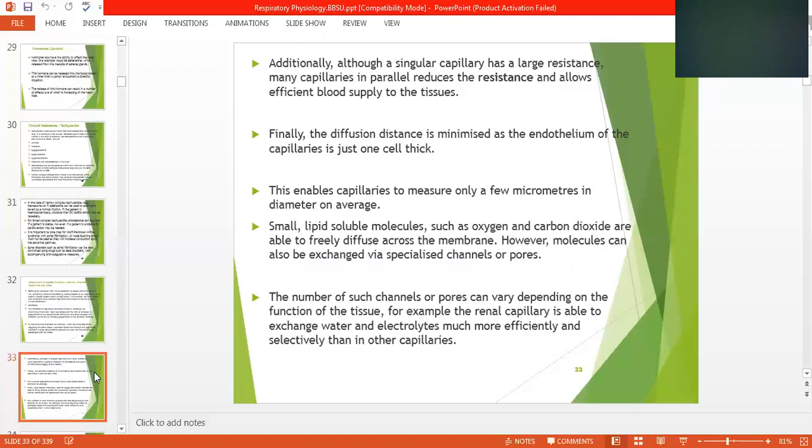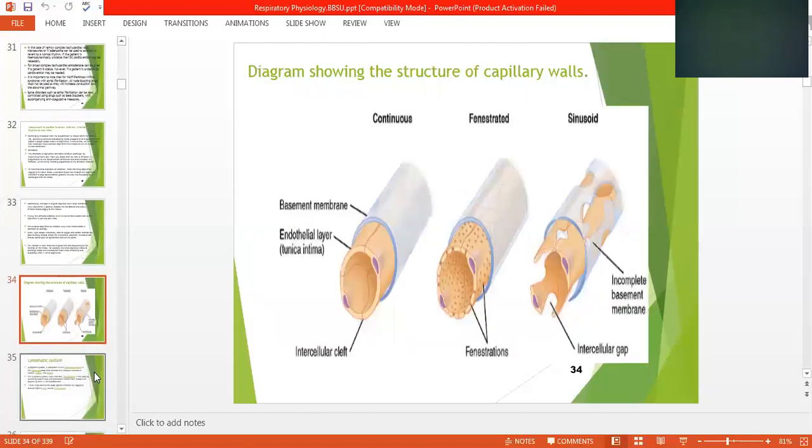The number of such channels or pores can vary depending on the function of the tissue. For example, the renal capillary is able to exchange water and electrolytes much more efficiently and selectively than other capillaries. Capillaries which supply blood to special organs of the body, for example the kidney, are able to exchange water and electrolytes as well.